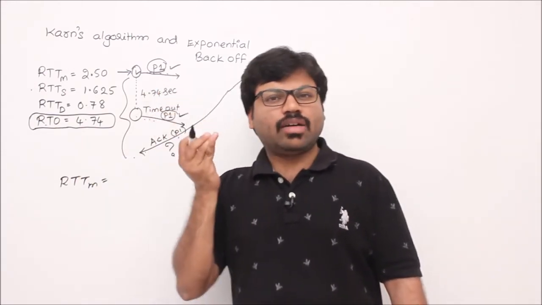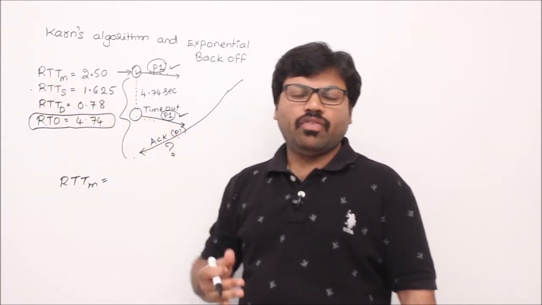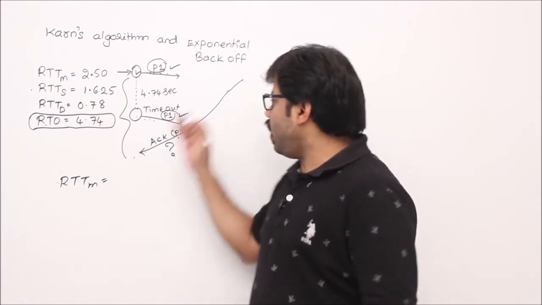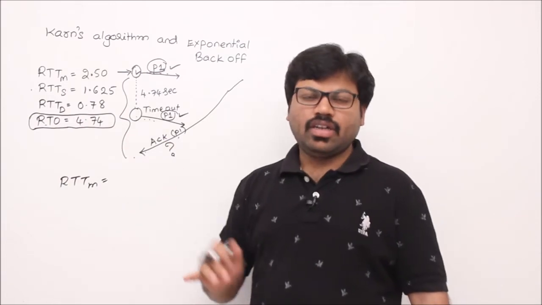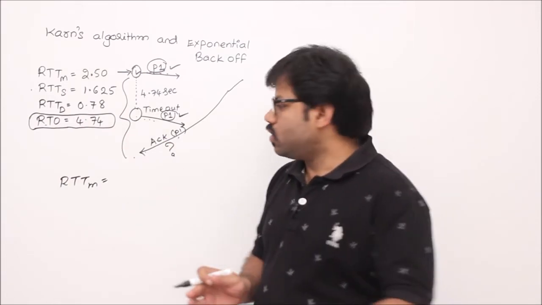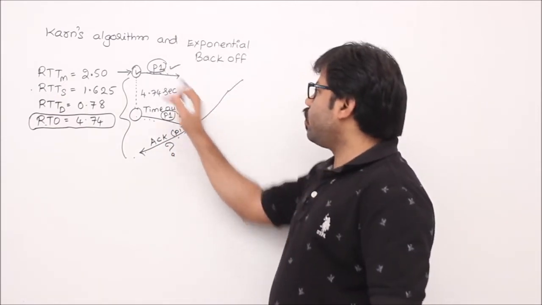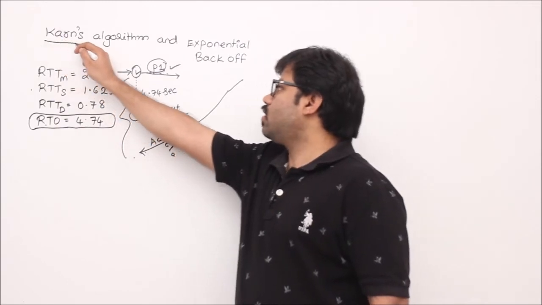Using the RTT measurements, we are estimating the transmission time for the next packet, but if you wrongly take the data, those estimations will get affected. That's why don't take the wrong data. We don't know whether it is related to this one or that one, so keep quiet. For that we use Karn's algorithm.